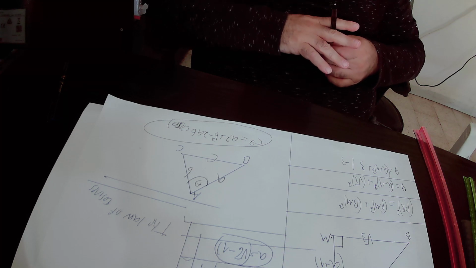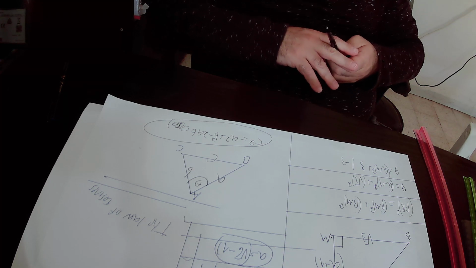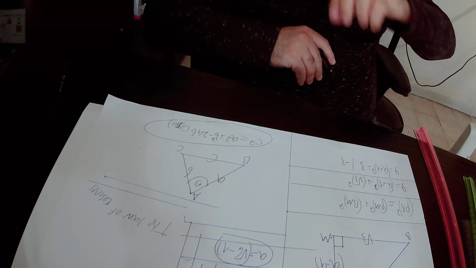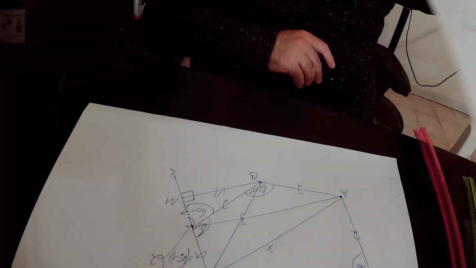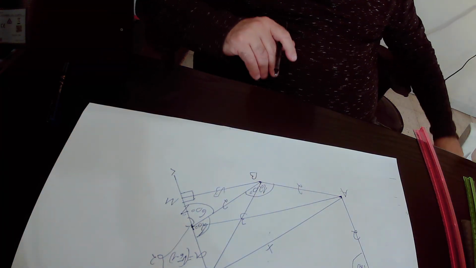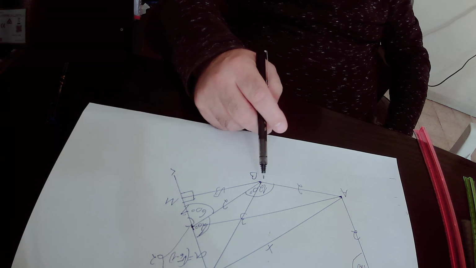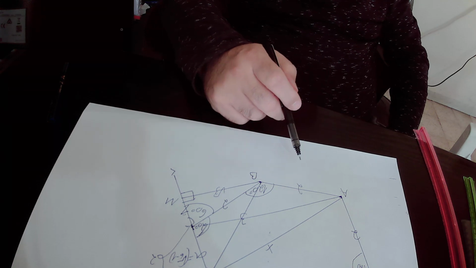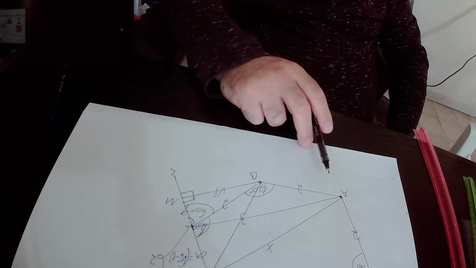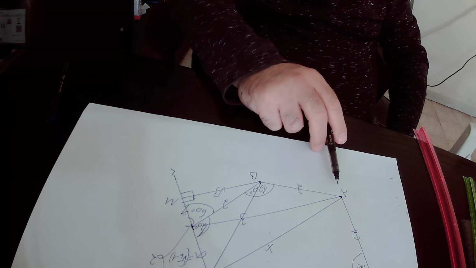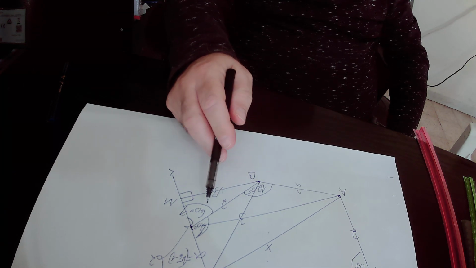Okay, so we'll implement the law of cosines in our triangle ABC. So I'll copy this triangle ABC in a new page, and we'll implement the law of cosines in this triangle ABC in order to find out the length of side AC.